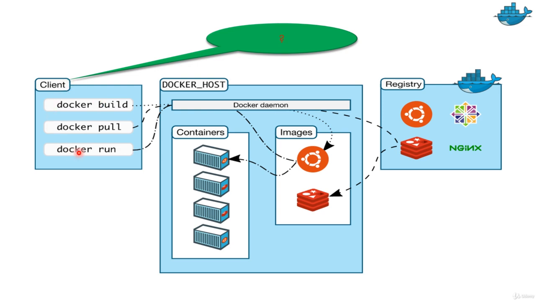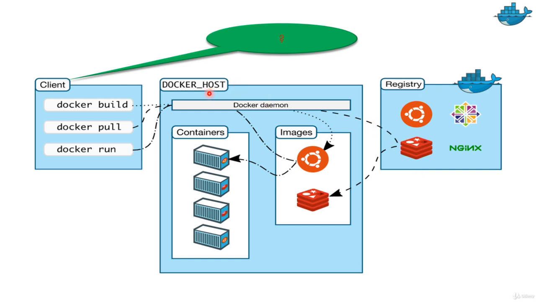Once we perform these commands, the client interacts with the REST API and then with the Docker daemon. After that, the Docker daemon decides whether to go to the images, the containers, or the registry.